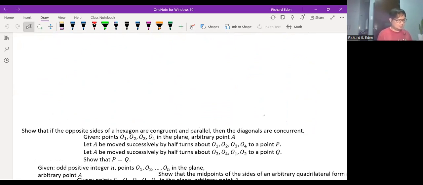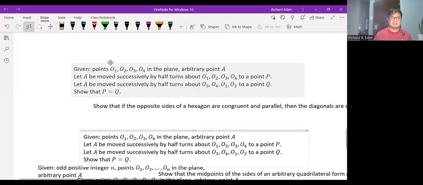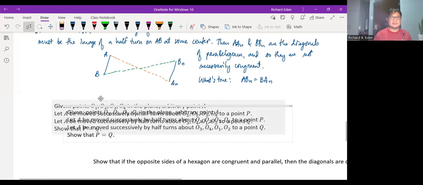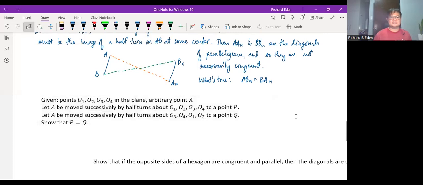Okay. What's next? Wait, looking at my list. Oh no. And for the next week. So actually this one, I'd like you to try this out on your own. It's not a right-sided polygon.